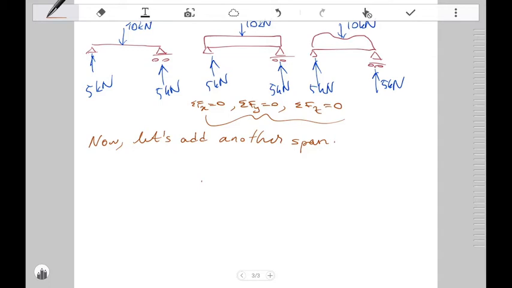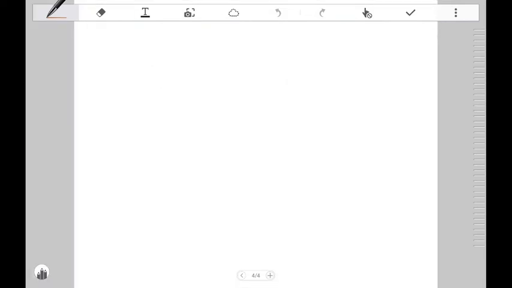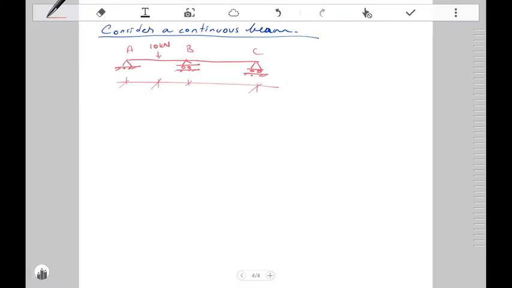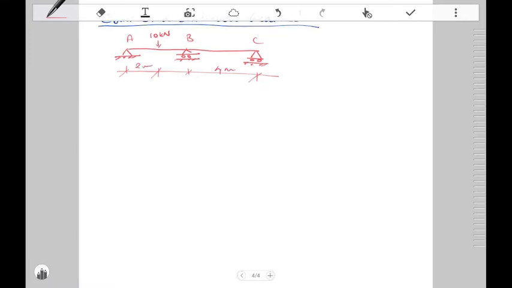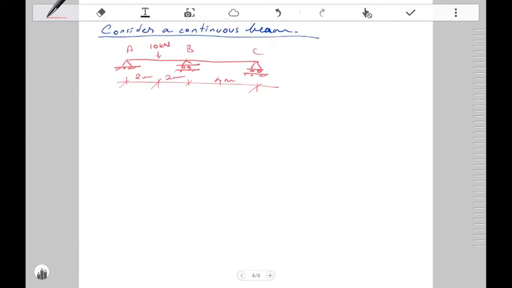Now, let's add another span. Now, let's consider a continuous beam. Alright, I have a fixed support at A, and I have roller supports at B and C. I have another span between B and C. Let's say that the second span is 4 meters, and this is 2 meters, and this is 2 meters. 10 kilonewtons applied at the middle of A and B. This time, let's take the support reactions.